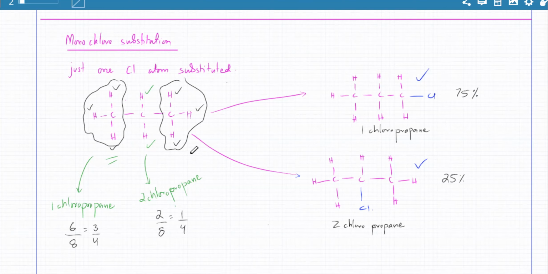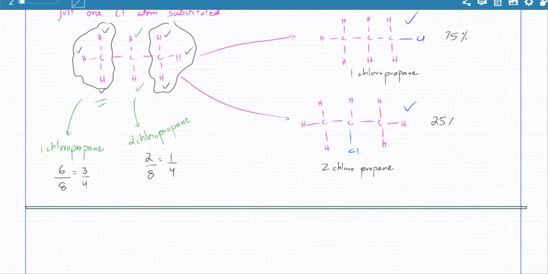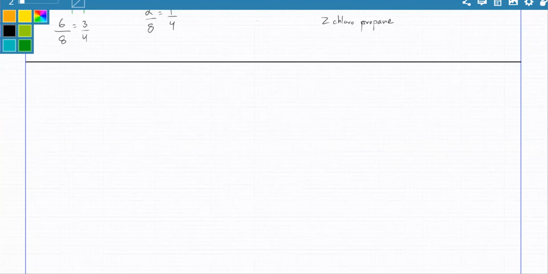Okay, so that's just one type of question. Then there was another type of question, which is that they might ask you about the possible products you might get during a substitution reaction. So let's say they're saying that propane undergoes free radical substitution.